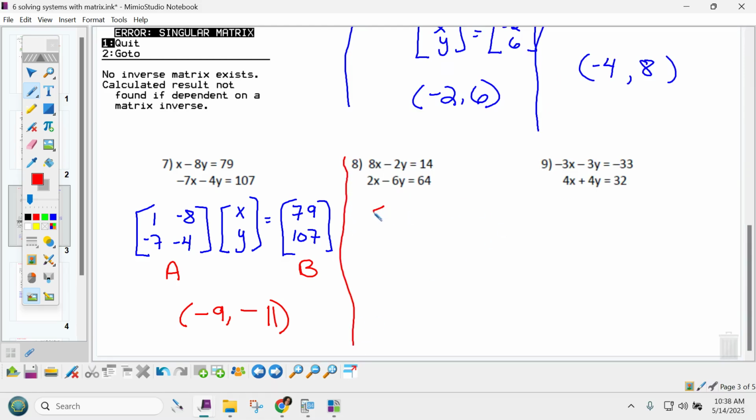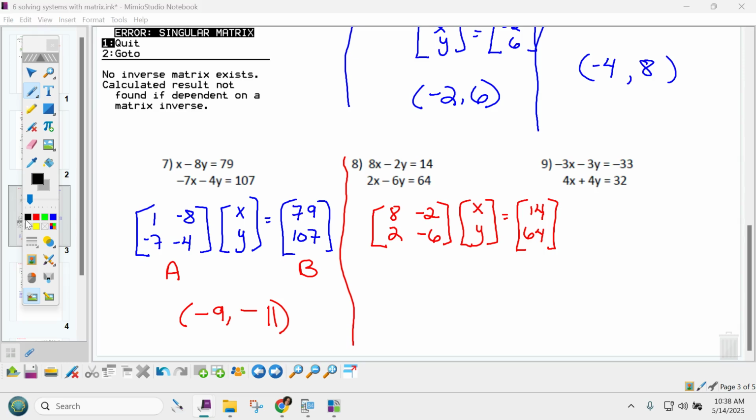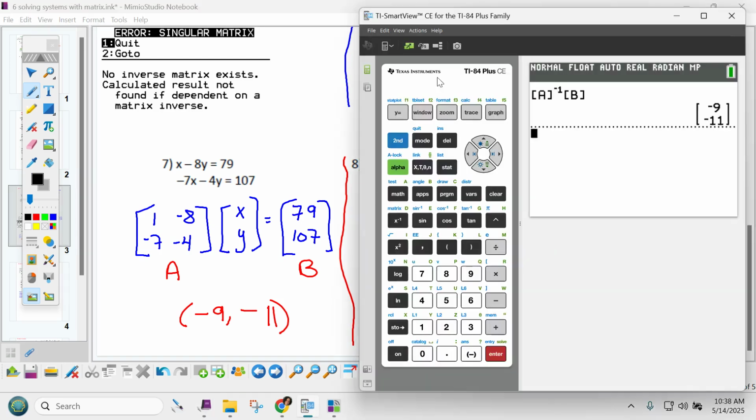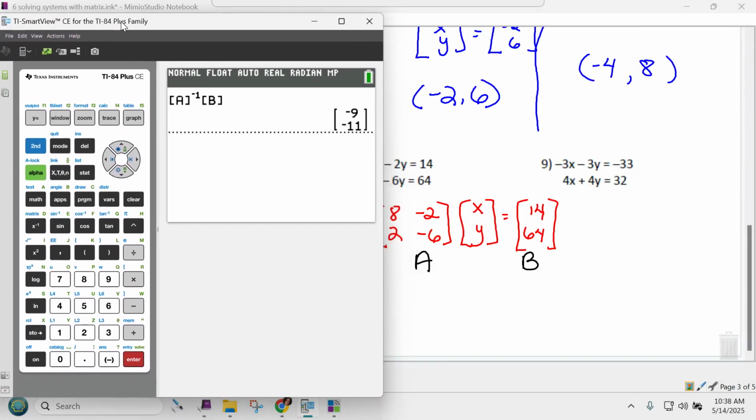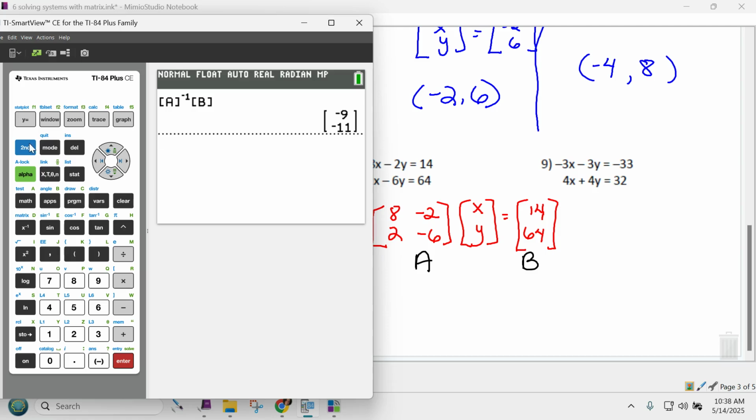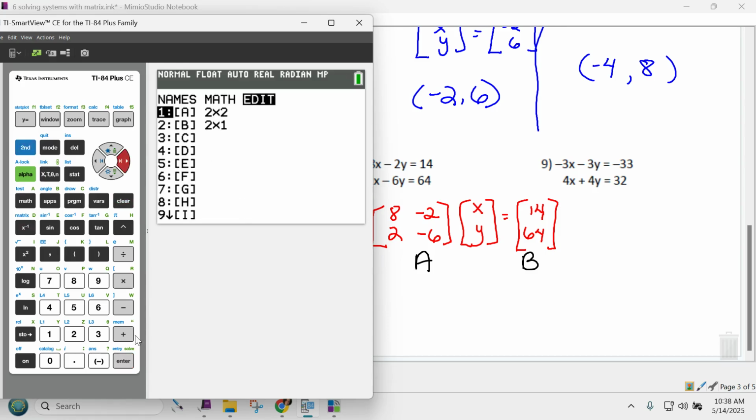Okay, here we go for 8. Matrix A, matrix B. Second matrix. Edit.